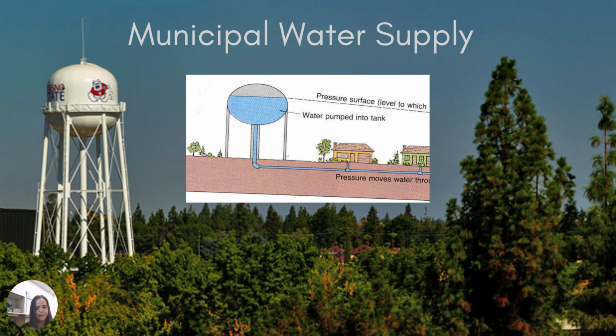So for example, at Fresno State, they have a really large water tower, and it raises their pressure surface so that that can just be pushed down and into buildings. Now, this doesn't work with really, really tall buildings because you have to have a giant water tower for that. But for smaller buildings, single story, maybe two-story, it works pretty good.